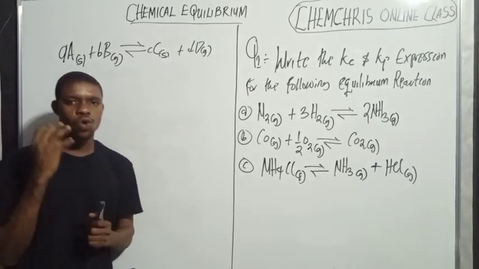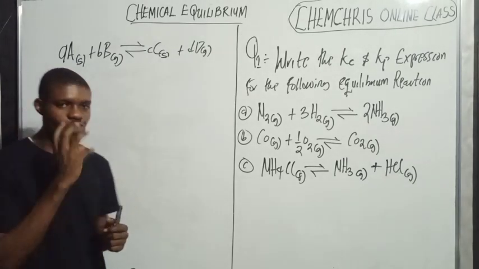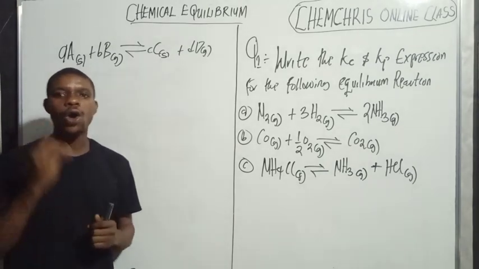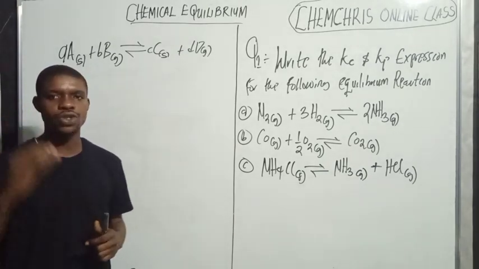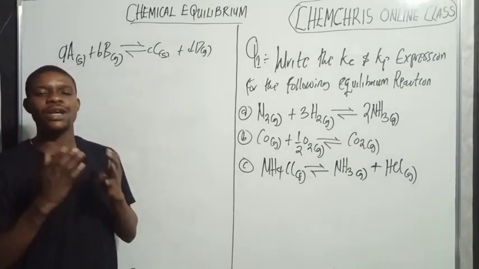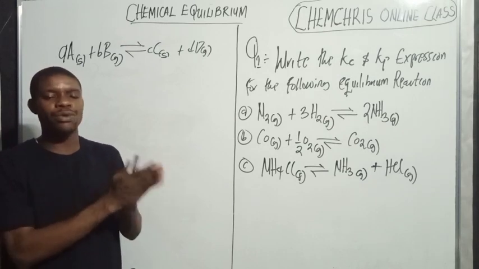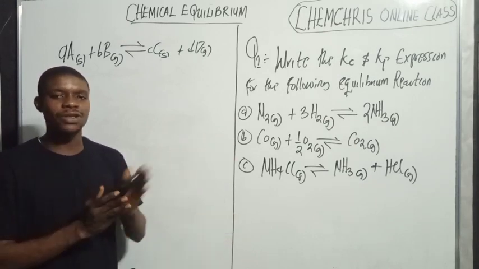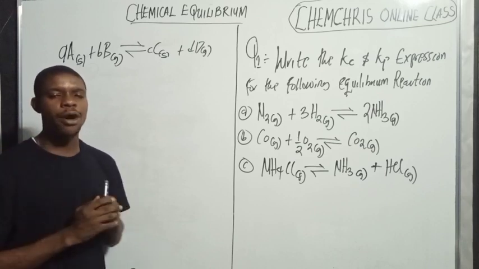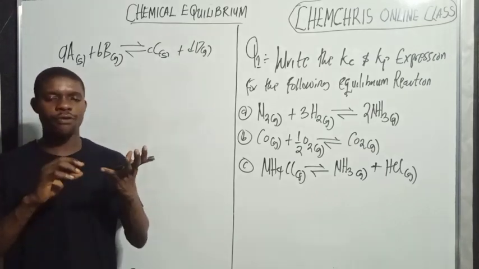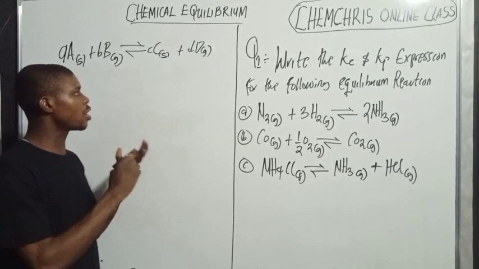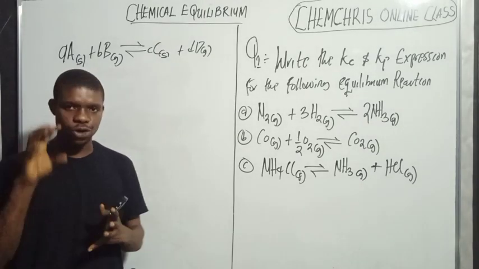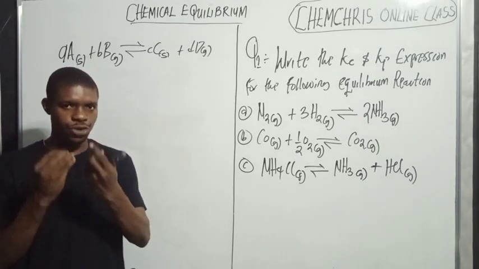The concentration of solid and liquid is always equal to one because they are always constant. So they are not used in writing the equilibrium constant expression, either for the Kc or for the Kp. But the concentration of gas and aqueous are used. You always use them. Do you understand?